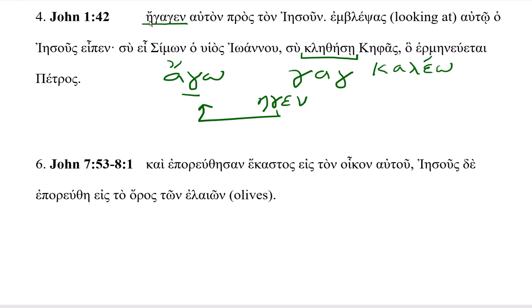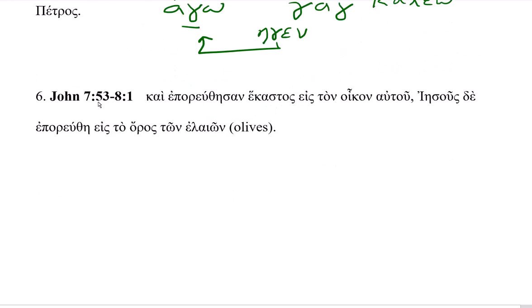So let's go back to the beginning. He led him to Jesus. Looking up or looking at him, Jesus said, you are Simon, the son of John. You will be called Cephas, which is interpreted Petros. We got one example of a future passive.